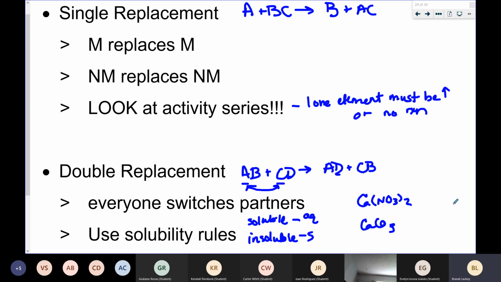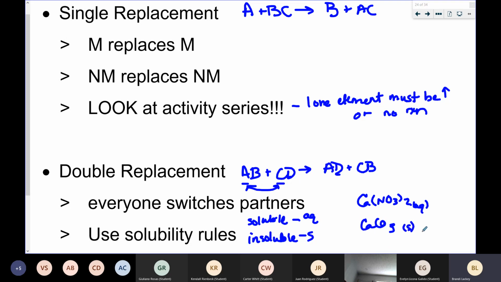On our solubility rules, under the soluble side, it says nitrates are soluble and there are no exceptions. So this would be aqueous. Whereas calcium carbonate, carbonates are on the insoluble side. So it says carbonates are insoluble except for group 1 and ammonium. Well, calcium's in group 2, so it's not an exception. So this will be solid.